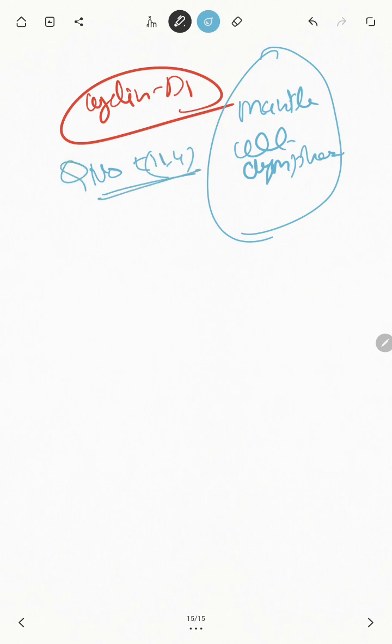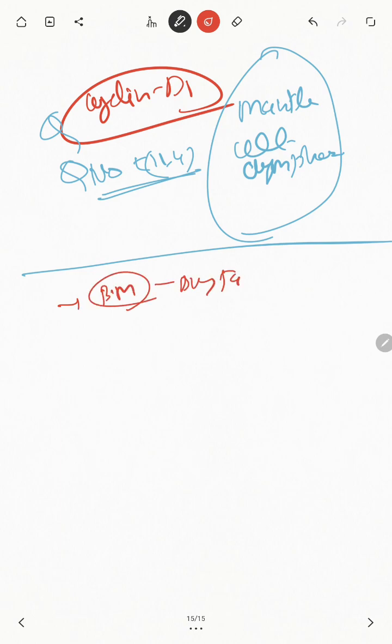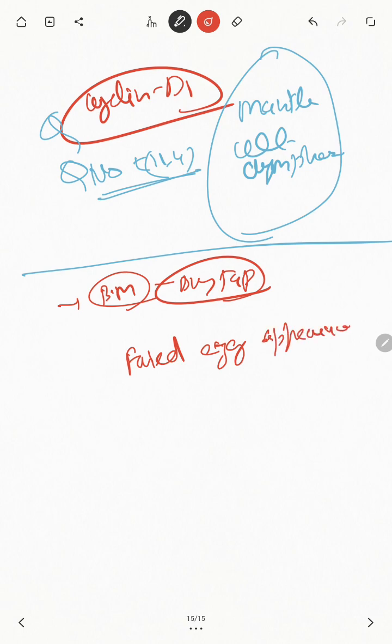Another important finding is that the bone marrow biopsy is usually a dry tap, and there is an appearance called fried egg appearance, due to the abundant cytoplasm. The pictures I will show you.